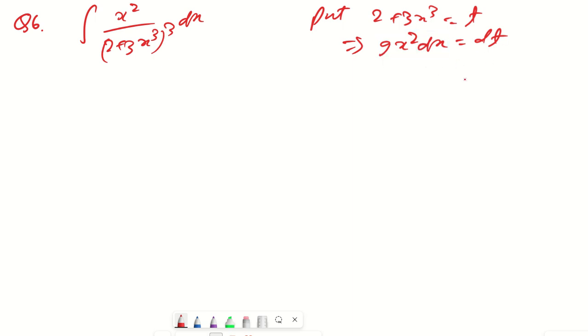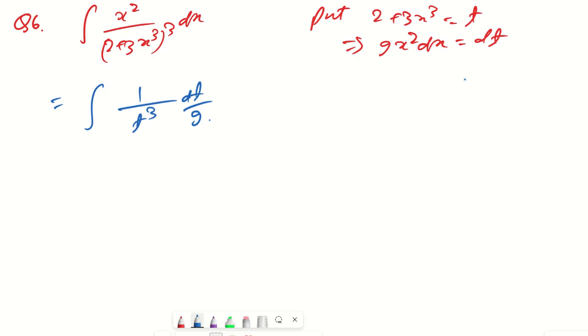Okay, so dt by 9 it will become, so if we put it here back, then it is going to be dt by 9 divided by 2 plus 3x cube, which can be t to the power 3, so 1 by t cube into dt by 9.